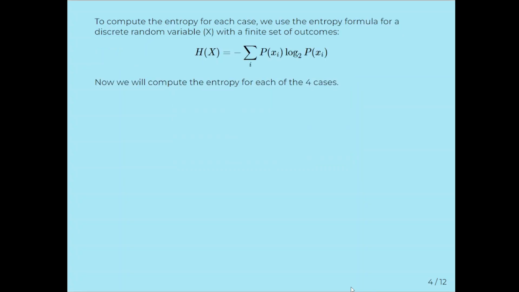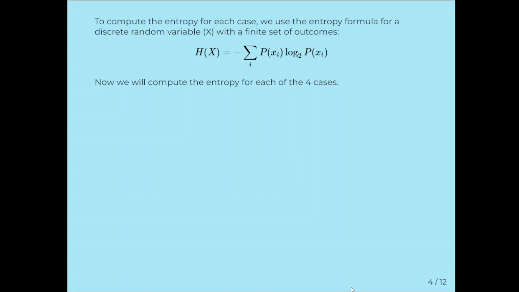Okay, so to compute the entropy for each case, we use the entropy formula for a discrete random variable X with a finite set of outcomes. The symbol is H(X), and that is equal to minus the summation of p(x) times log to the base 2 of p(x), for each of the characters.